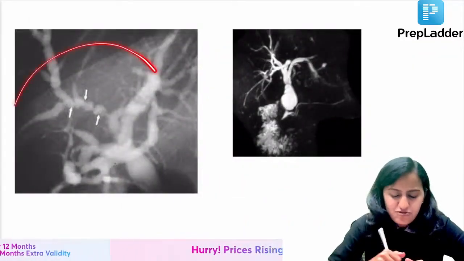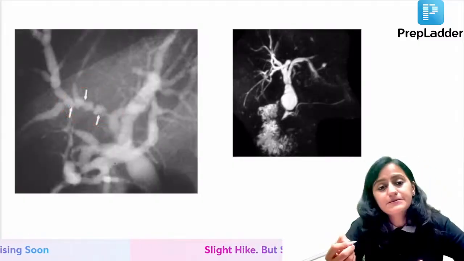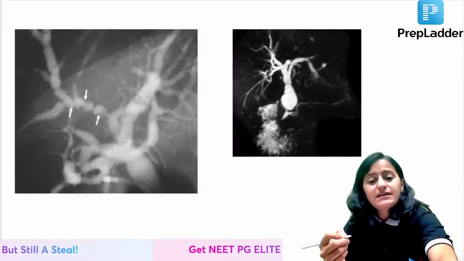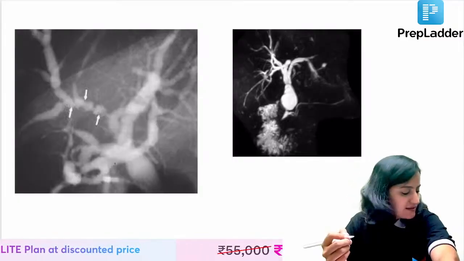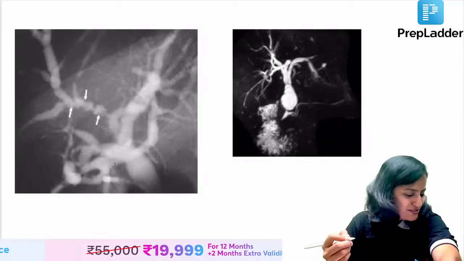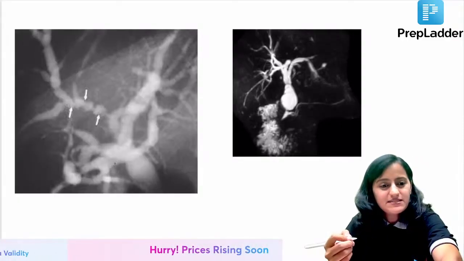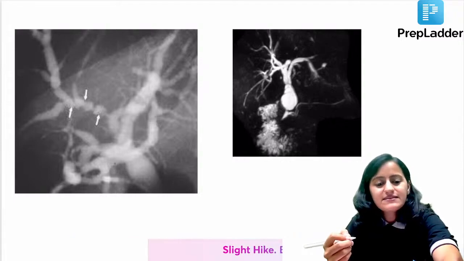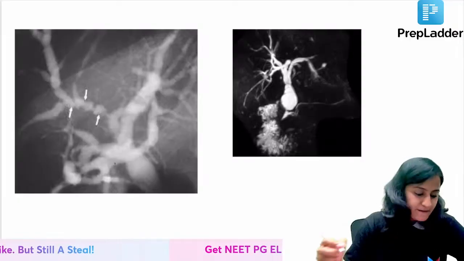This is the biliary tree which is shown here. What is this appearance of the biliary tree that you are seeing here? Yes, very good. What is that one that you are seeing? The beaded appearance, right? That is the beaded appearance. And where do you see the beaded appearance?